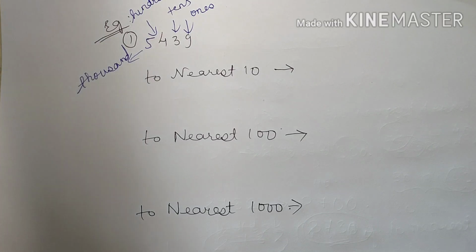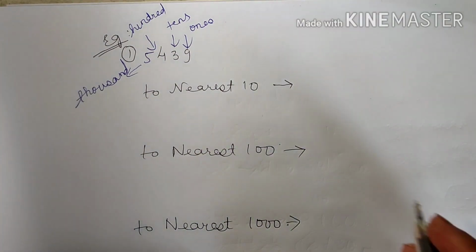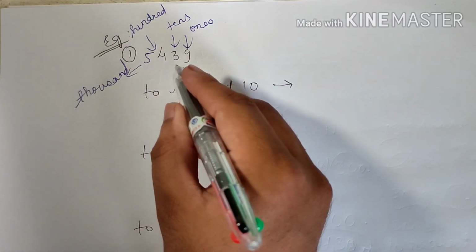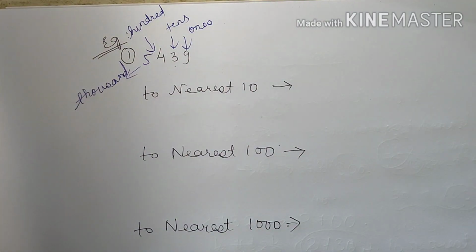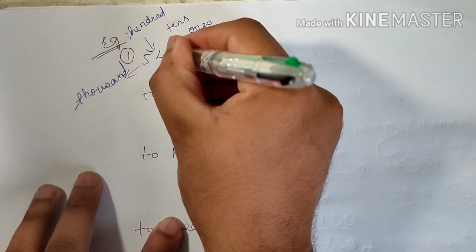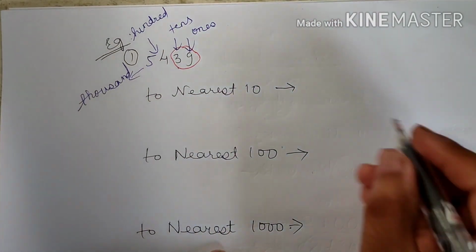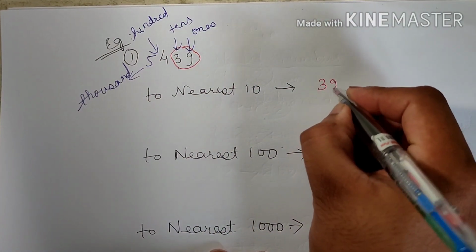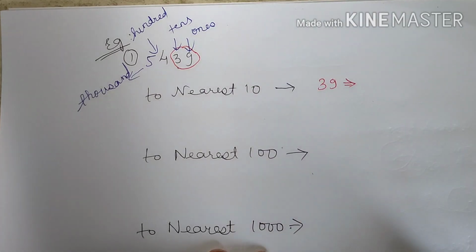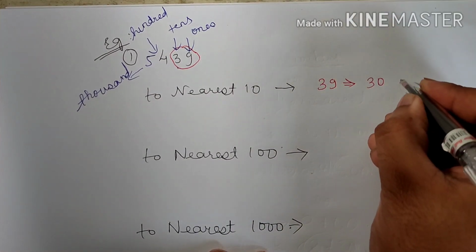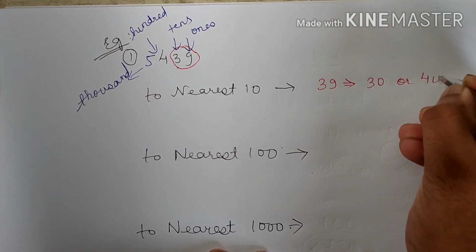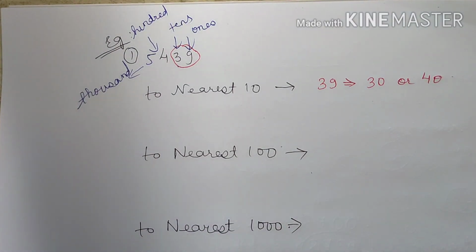Now for tens place, tell me what will be the answer, students. Try it on your own. So ones, tens, that means for the tens, how will you take? Only the number 39, isn't it? 39 will be your tens place. So for 39, the nearest tens will be either 30 or 40. As I told you, we have to move in 10, 20, 30, 40, 50, 60, 70, 80 and 90.